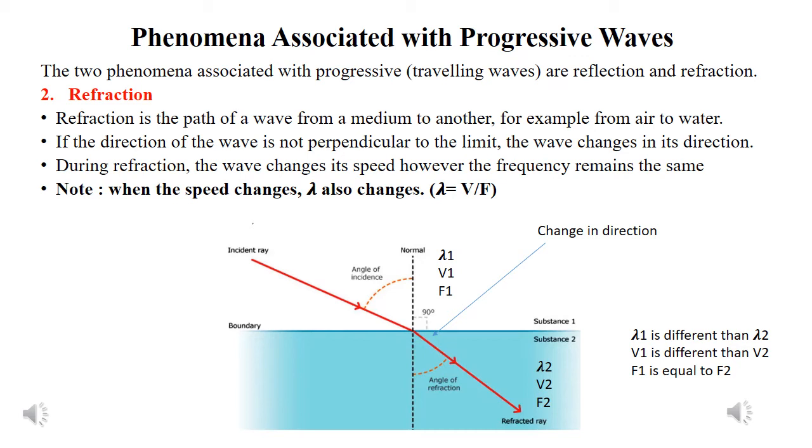Here we have a light wave crossing from air to water. Since the incident ray is not perpendicular to the boundary, the wave changes its direction. As it changes, the speed changes, the wavelength changes, however, the frequency remains the same. This is the characteristic or property of refraction.